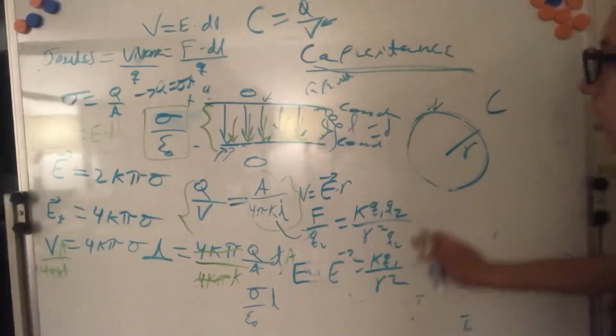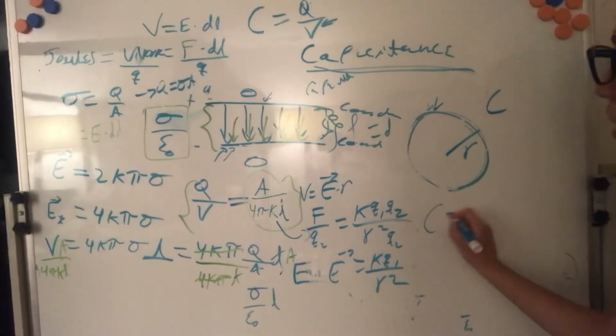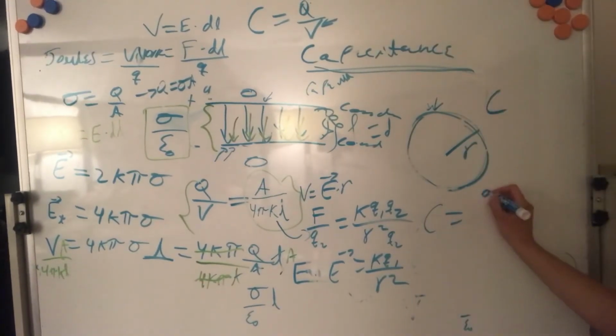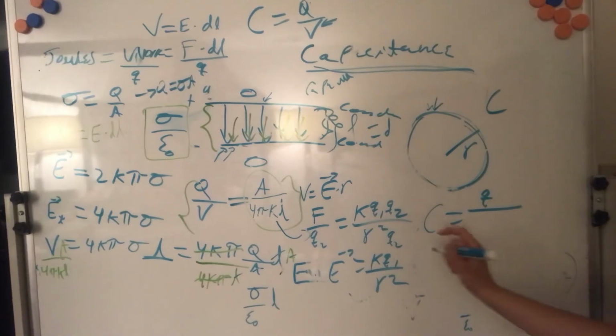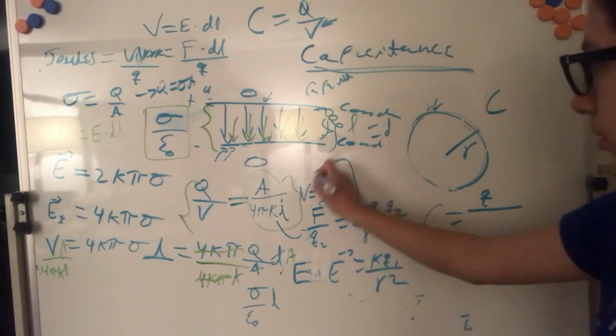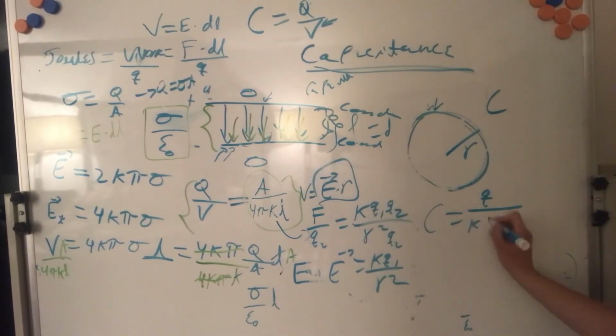So we have that the capacitance of a sphere is the charge Q divided by this. The electric field is Coulomb's constant times Q times the radius divided by r squared.